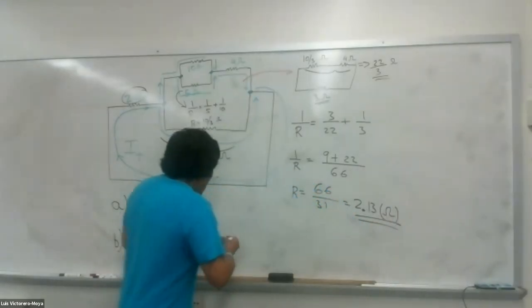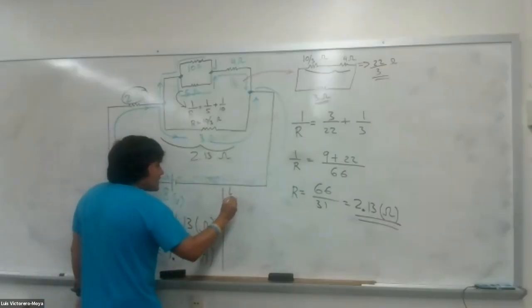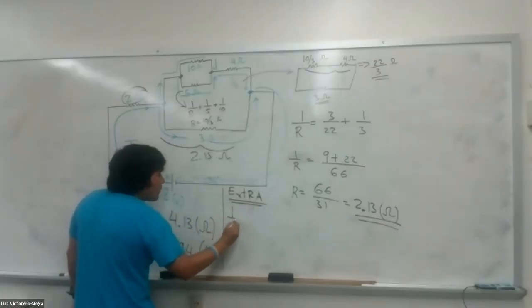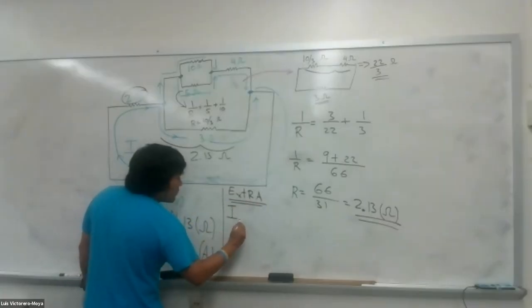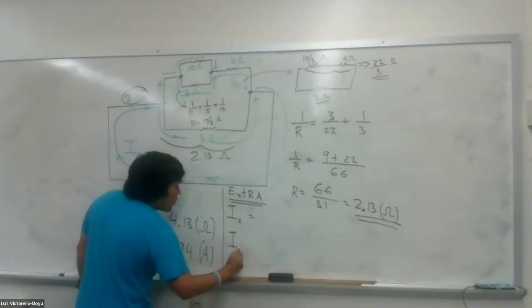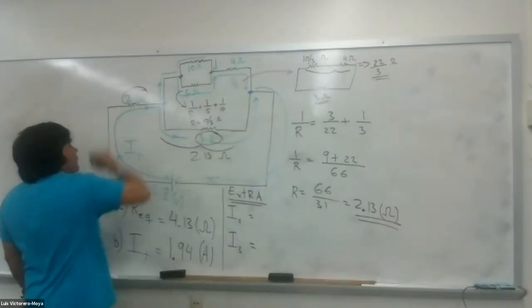Let's do that in there. So you can write it down. So as an extra, now we're going to split some of the currents. Let's find the current on 2 ohms, and then I want you to find the current on 3 ohms.